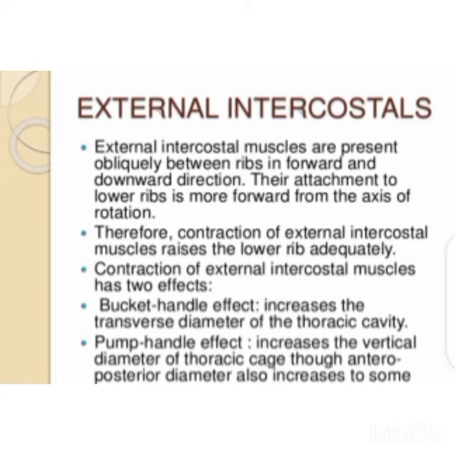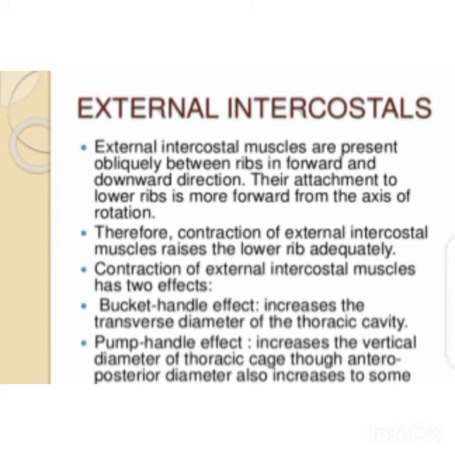External intercostal muscles. The external intercostal muscles are present obliquely between ribs in a forward and downward direction. Their attachment to lower ribs is more forward from the axis of rotation. Therefore, contraction of the external intercostal muscle raises the lower rib adequately. Contraction of the external intercostal muscle has two effects.